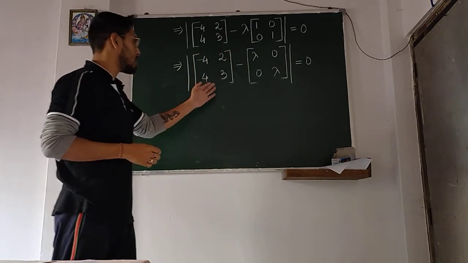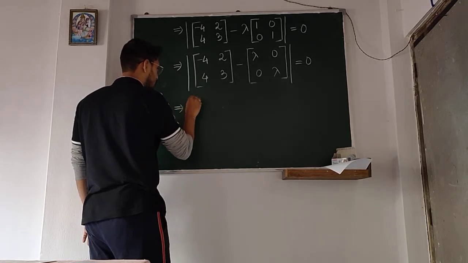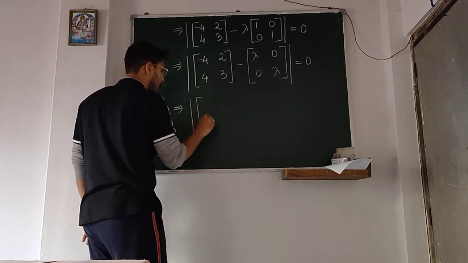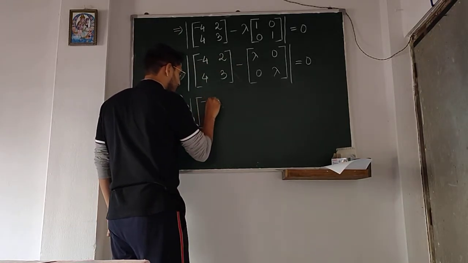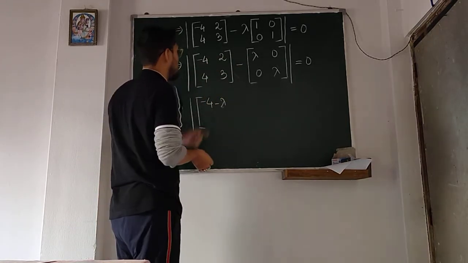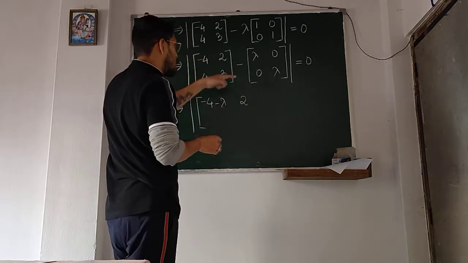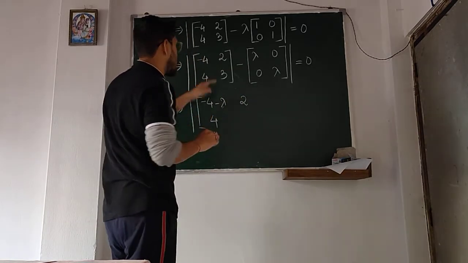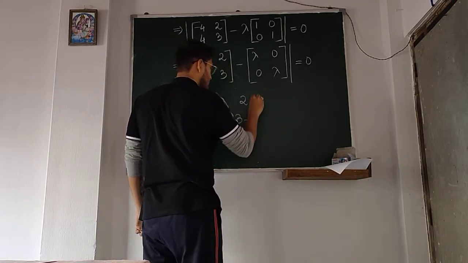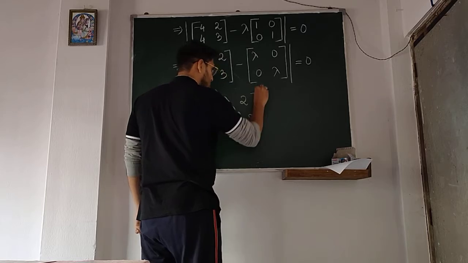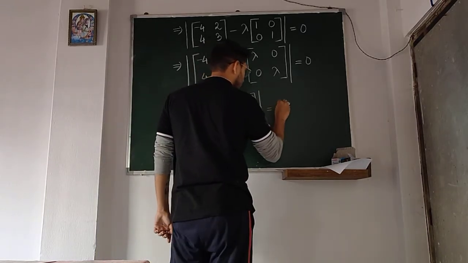Now we can subtract the two matrices. So if we subtract the two matrices, what we are getting is minus 4 minus lambda, that's the first one. Second one will be 2, because 2 minus 0 is nothing but 2. Third one will be 4. Fourth one will be 3 minus lambda. I'm sure everyone knows how to subtract two matrices. So that will give you equals to 0.